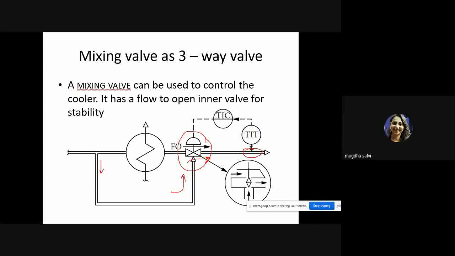Otherwise, the operation or how it is going to work will remain more or less the same. If I am considering this as TH2, if TH2 drops below the set point, I directly mix some hot fluid from the inlet into the exit line of the process fluid, thus maintaining TH2.